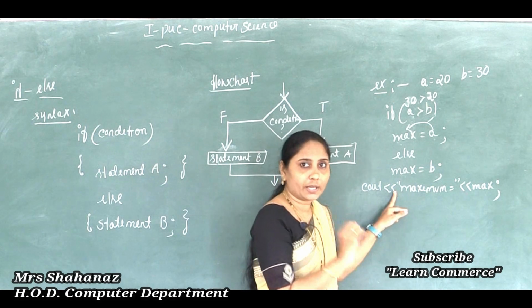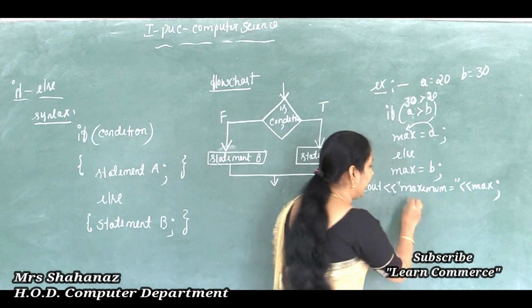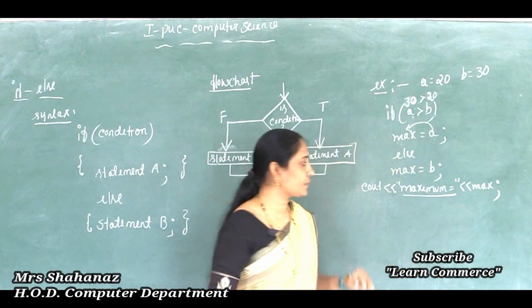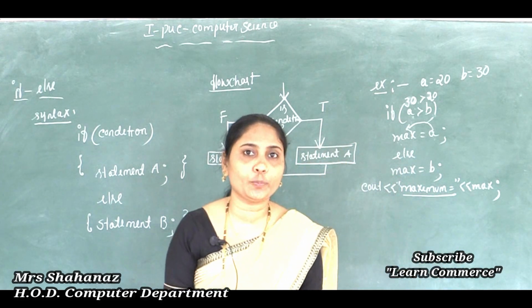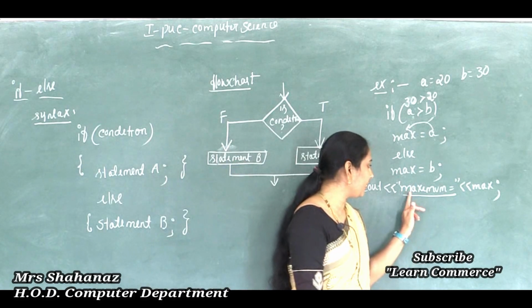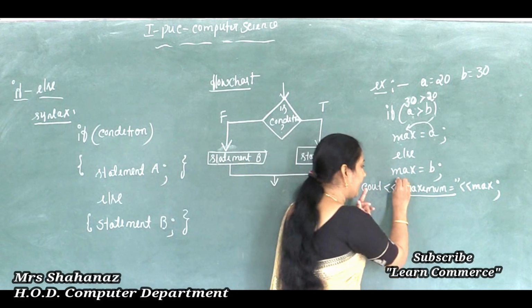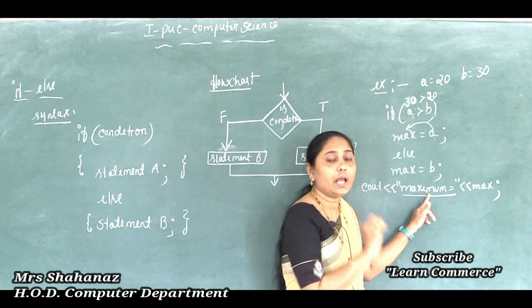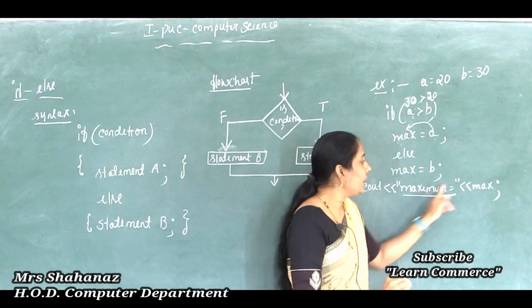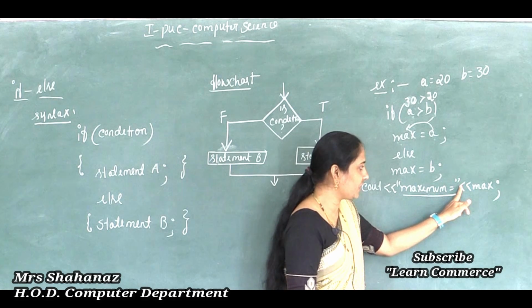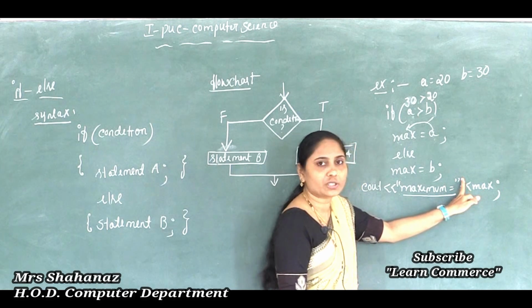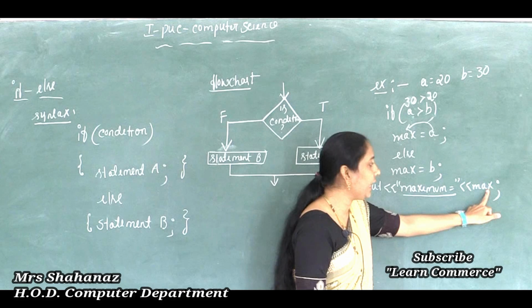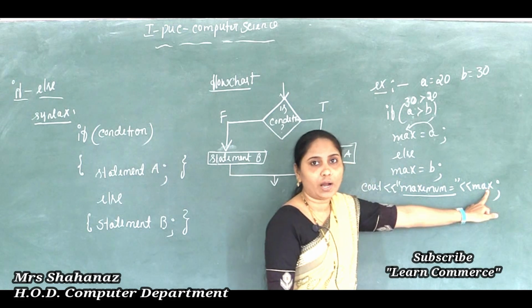Any message you want to display should be written by using double quotation. So opening the double quotation, maybe I want to display the message on screen, maximum is equal to, and after completing the message, we need to close the double quotation, and again I need to write the value also. Correct?